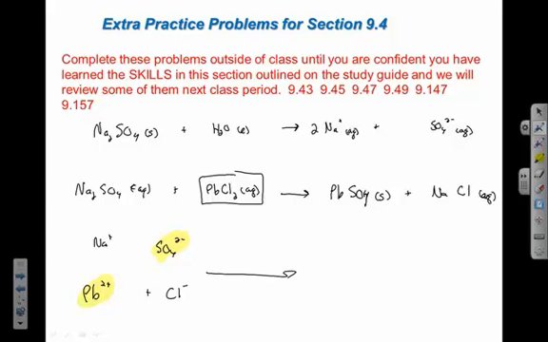And so what that means is the lead and the sulfate as a solid will form these effectively packed chunks of solid where the ions come together and form strong attractions, and the other ions that don't form strong attractions will just stay separated, surrounded by water molecules.